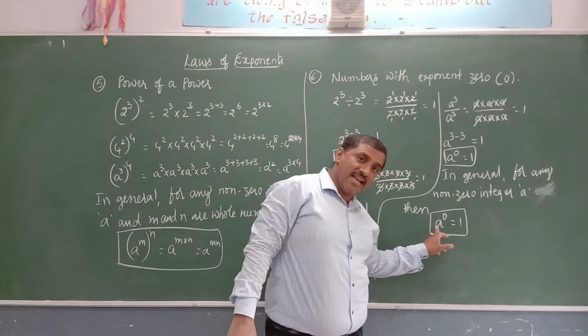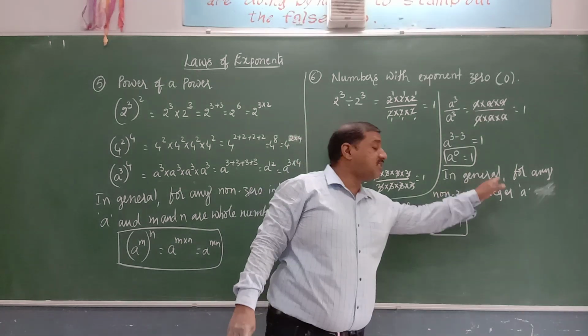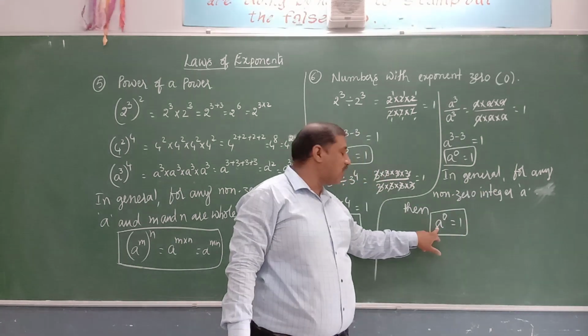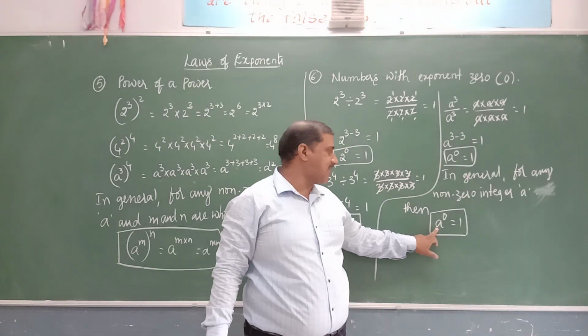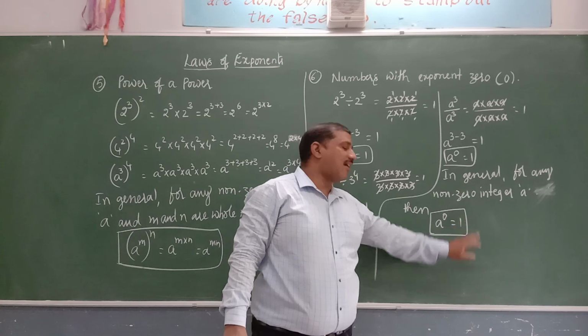Here a is any integer but it should not be 0. That is, any non-zero integer, other than 0, it can take any value. Then if its power is 0, its value will be 1.